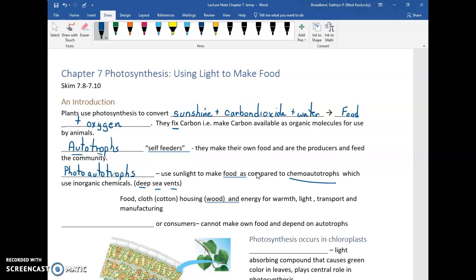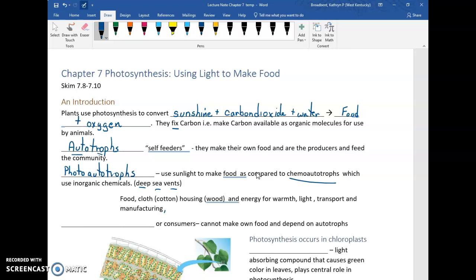So these plants make food, I've already mentioned that, but they also make clothing, think cotton. They provide housing. Most of our houses have wood frames. They provide energy for warmth, light, transportation, and manufacturing.